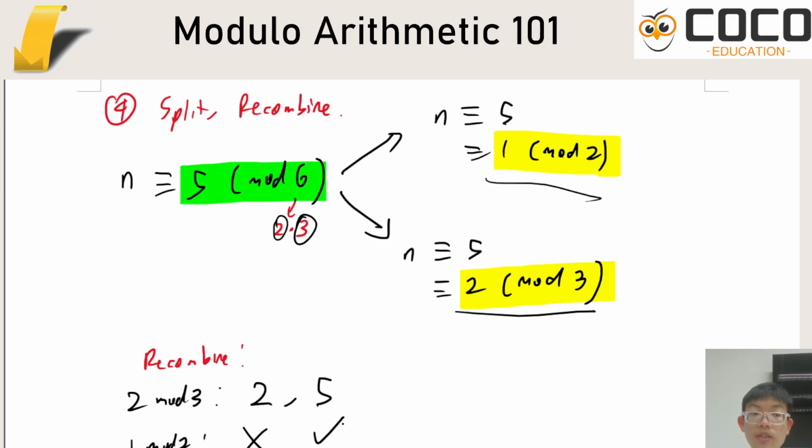And so the number 5 satisfies both of these. And if I have got 1 mod 2 and 2 mod 3, in order to continue satisfying it, I can increase it by their LCM. Which of course, the lowest common multiple of 2 and 3 is 6.